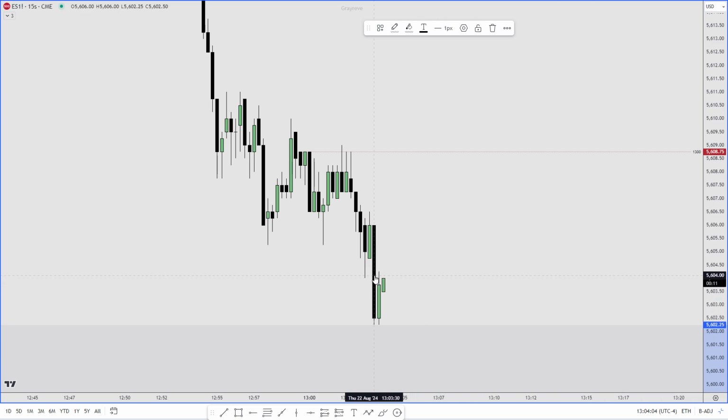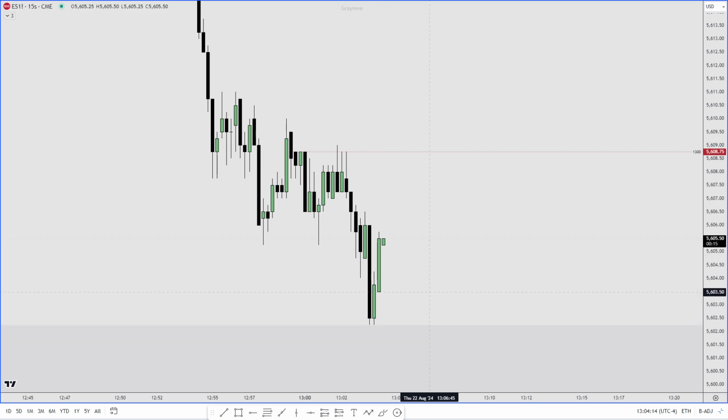5602.25. What's the low here? 5602.25. Man, this is way too perfect here. Okay, I think once we close above this down close candle, we're going to run this high, and probably these highs.